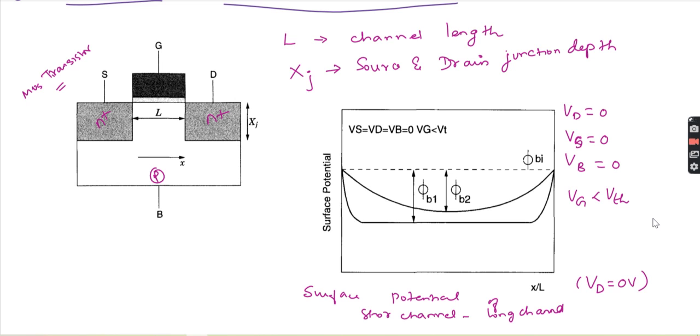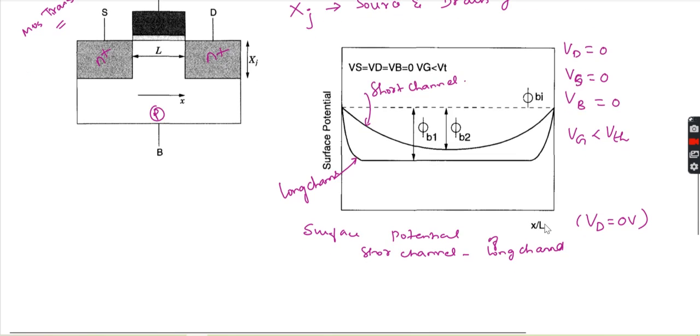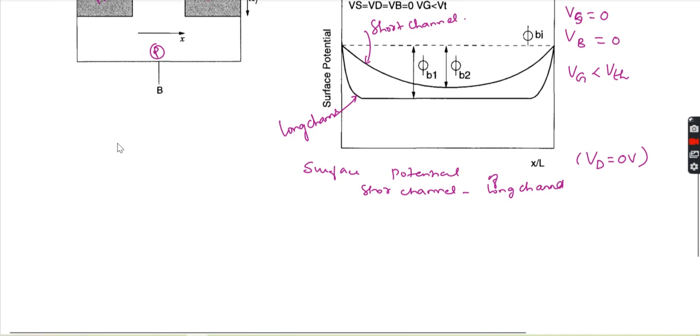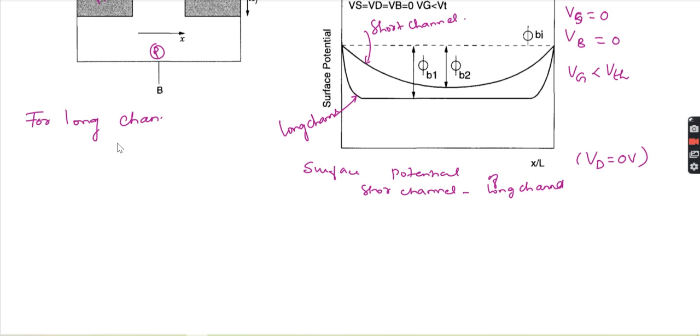For the long channel transistor, the barrier phi B1, shown in this diagram, is constant. It is the surface potential and it is constant.